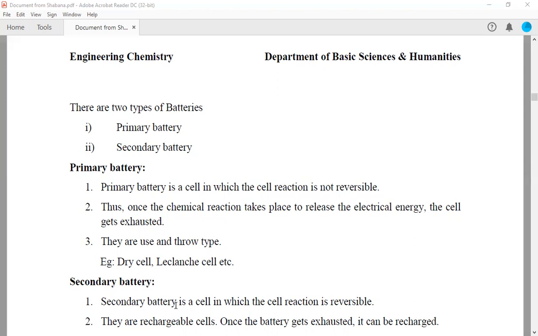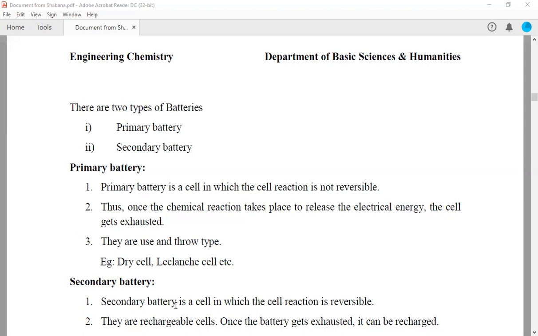There are some requirements that should be possessed by a battery to function in a better way. The first and foremost requirement is high capacity with very small variation of voltage during discharge.